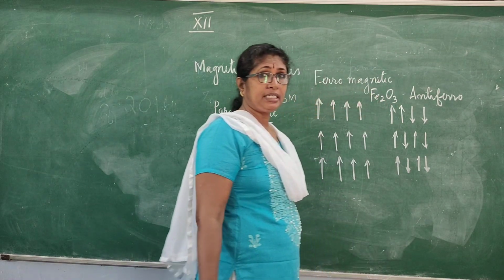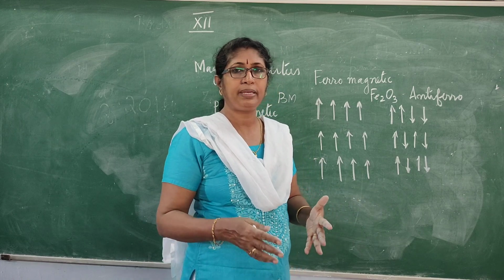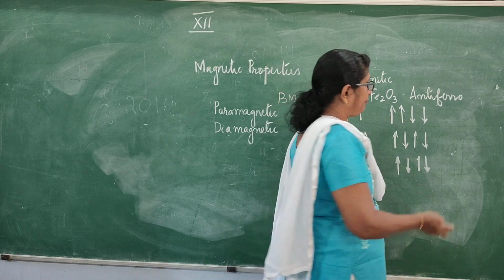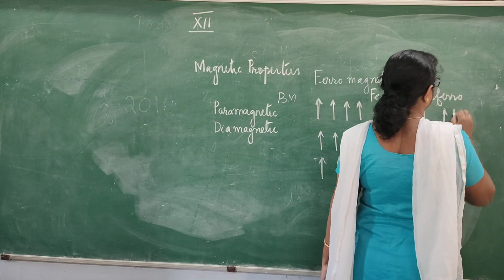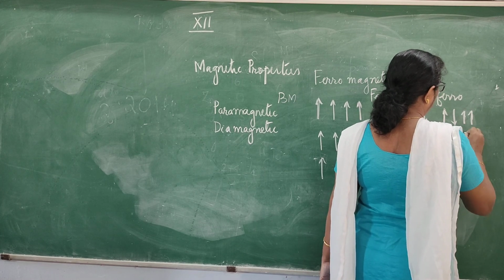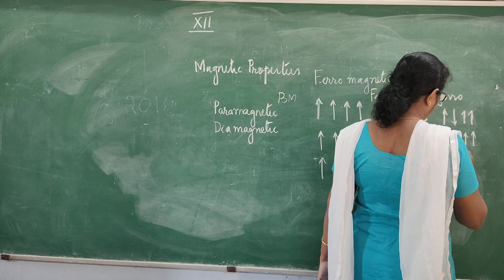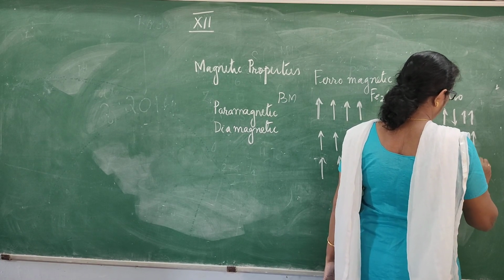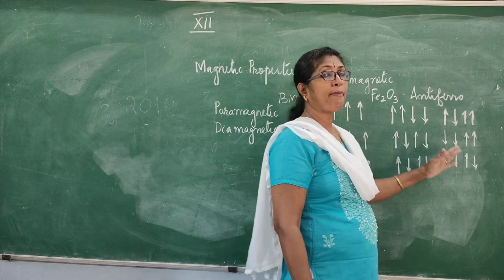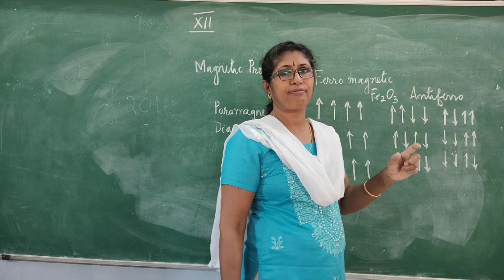Now, in certain substances, the number of domains arranged in the opposite direction will be different, so that there is a net magnetic effect. See, like this, they are arranged in opposite ways, but now they are in different numbers, so there will be a net magnetic field for them.